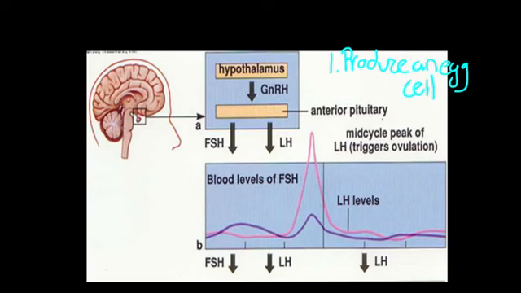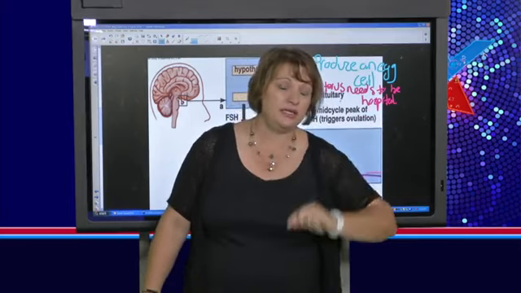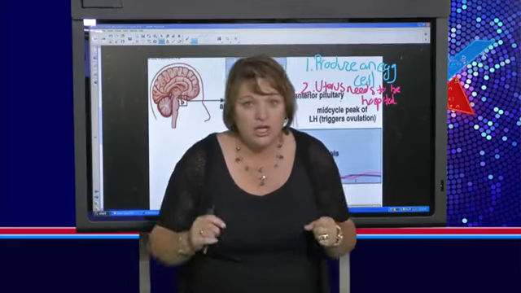Number two, the uterus needs to be, and I'm going to write here, hospitable. Hormones are going to control when she produces an egg cell and when the endometrium becomes more hospitable. So let's start.